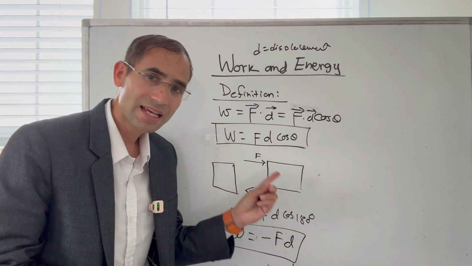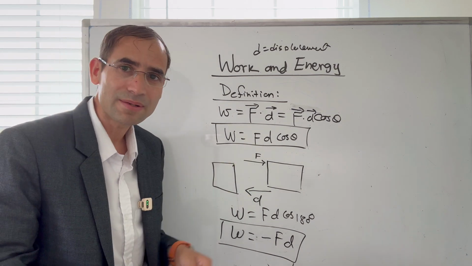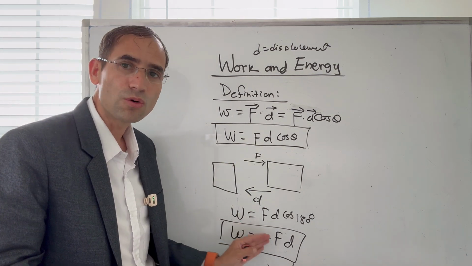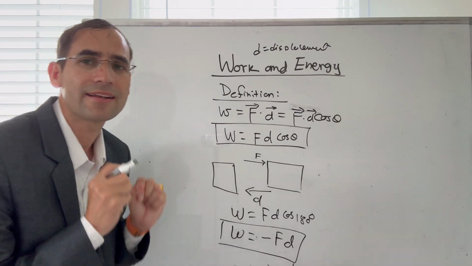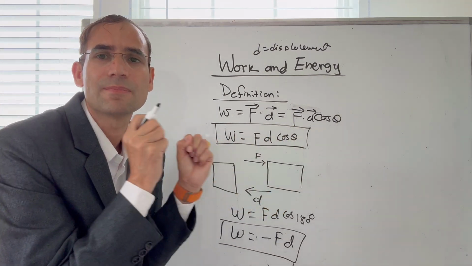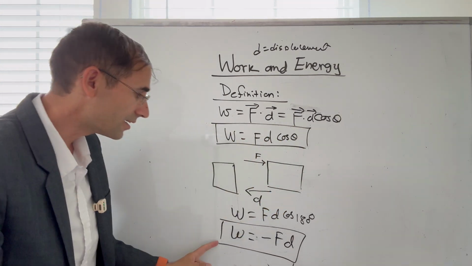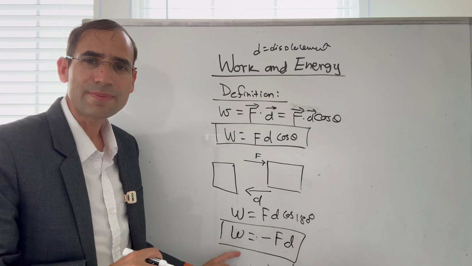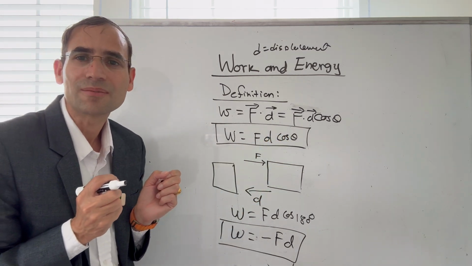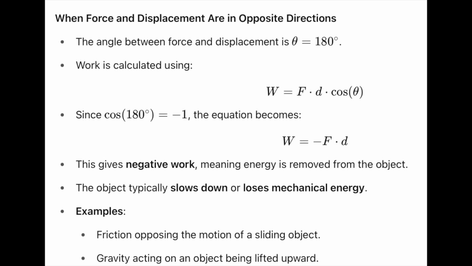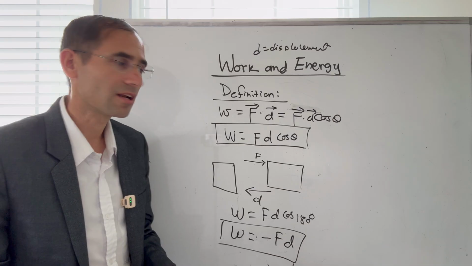In the previous case, if force and displacement are in the same direction, the work is force times displacement, which is positive work. That means you provide energy to the system. But here, work is being done negatively, and energy is taken out from the system. That means your work is negative here. For example, the work done by frictional forces.